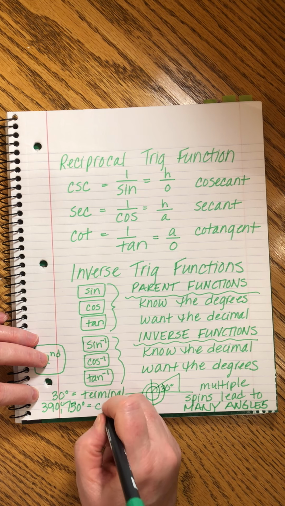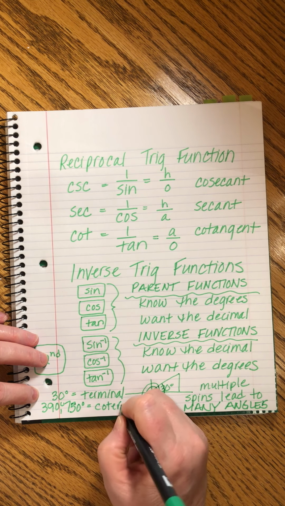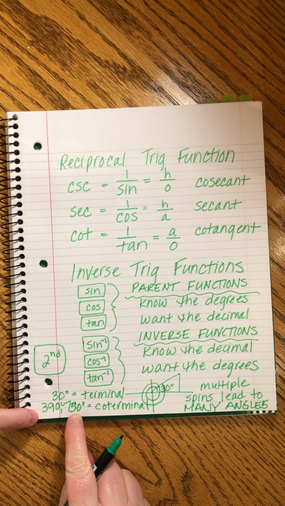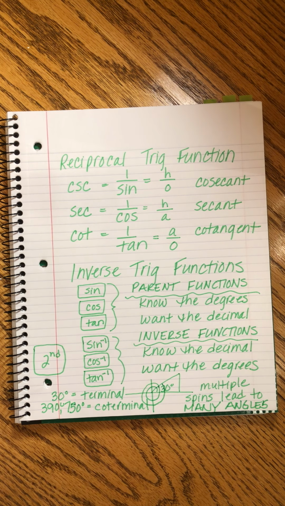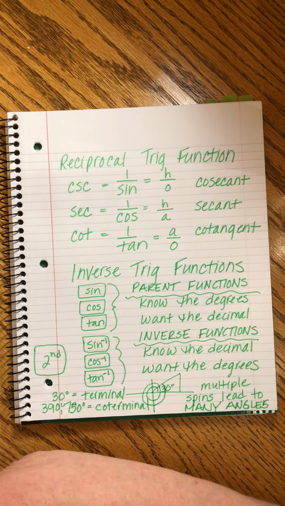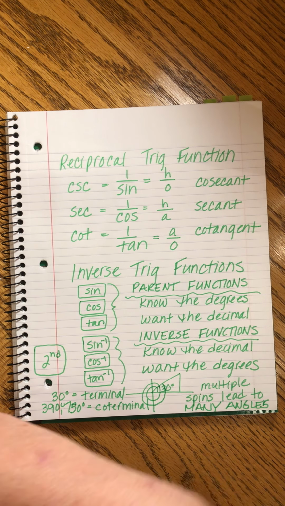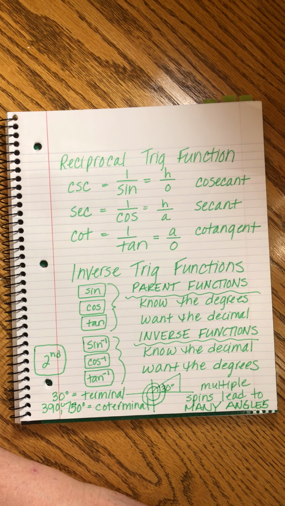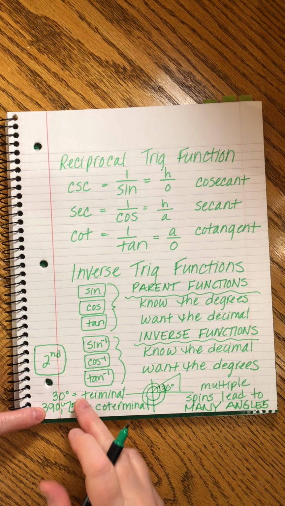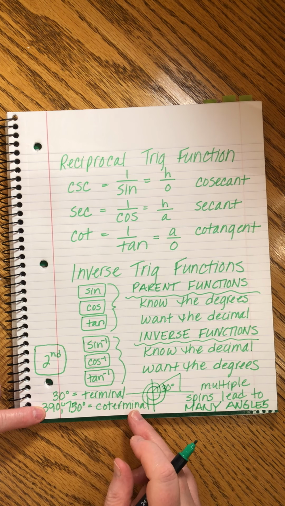We call those coterminal, meaning they have extra spins built into them. When we talk about inverse trig functions, we need a way to factor out all of those extra angles that we don't want. We just want the terminal angle. We don't want all the coterminals, right?